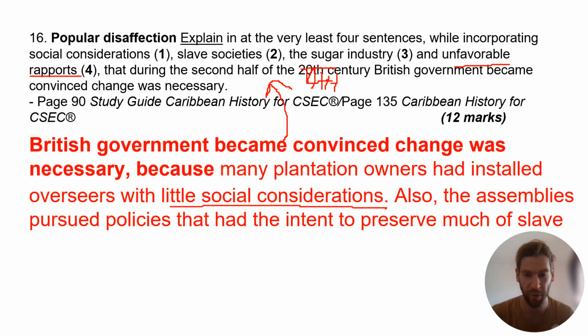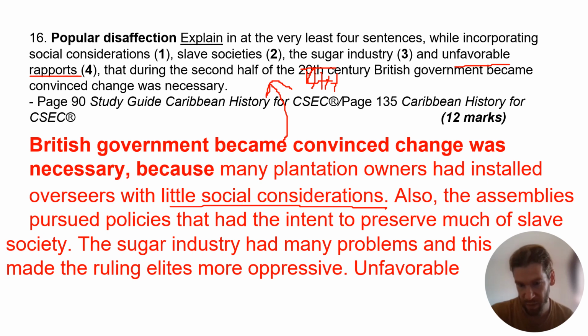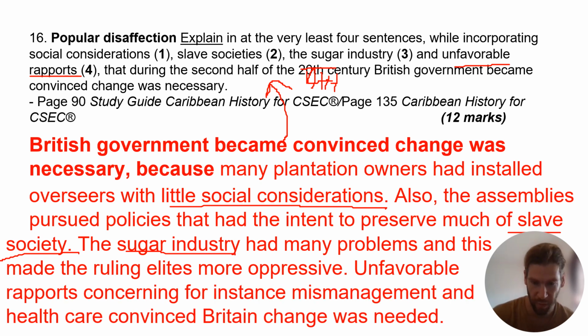Also, the assemblies pursued policies that had the intent of preserving much of slave society, which is colorism, which is inherent racism. The sugar industry had many problems, and this made the ruling elite more oppressive. Sugar industry, that's 3. Unfavorable reports concerning, for instance, mismanagement and healthcare convinced Britain change was needed.